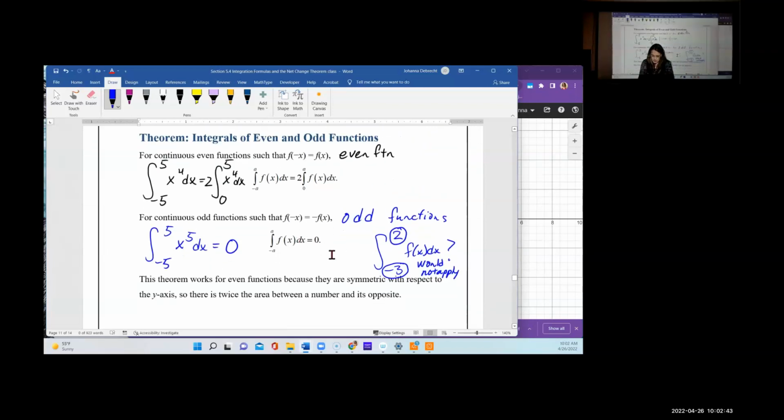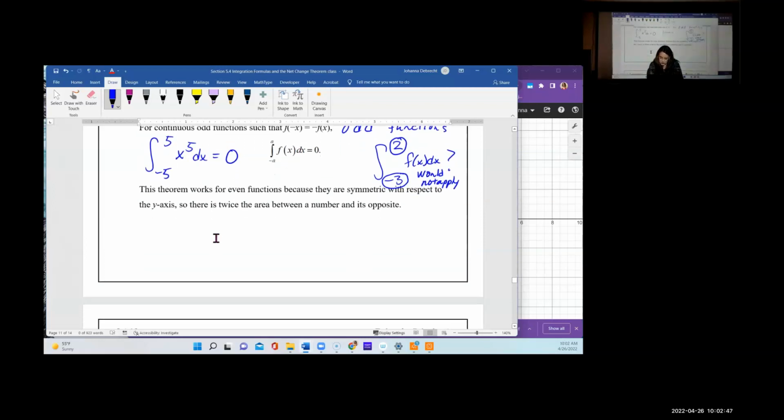Well, what we could do on this one is we could say, let's say this is the integral from -3 to 2 of f of x dx, and this is an odd function. We could say this is the integral from -3 to -2 of f of x dx, plus the integral from -2 to 2 of f of x dx.